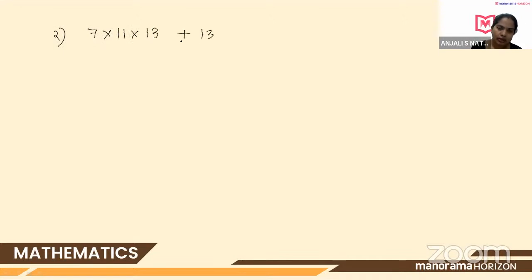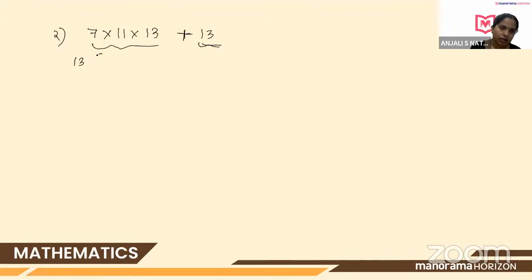Here the terms are separated by a plus sign. So this contains two terms, right? This is the first term, and this is the second term. So we can take 13 as common from these two terms.